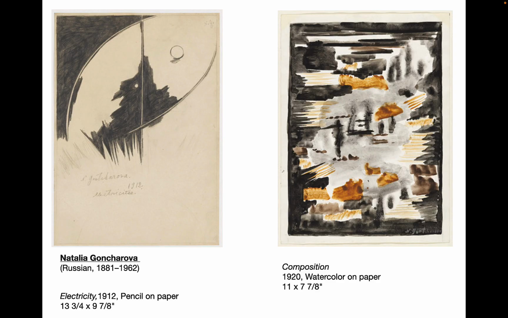What humans do is they try to see something in the abstraction, right? Like on the left, I could almost see a wolf howling at the moon because there's an eye shape in there, but this drawing is called Electricity. So that's not what it's about. But I think as humans, we try to find something that we recognize in our observable reality. We're always trying to make sense of things.